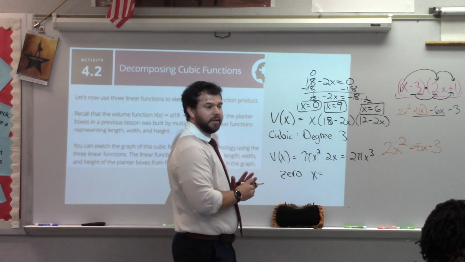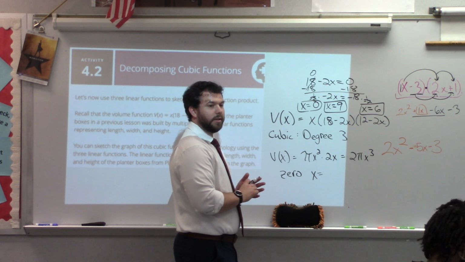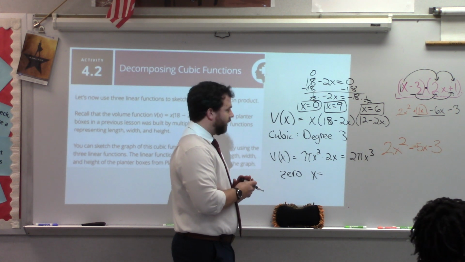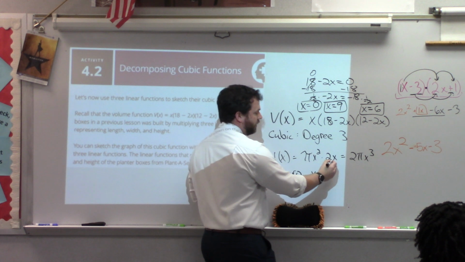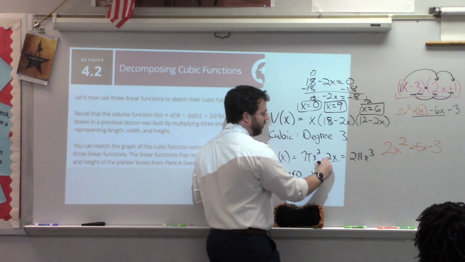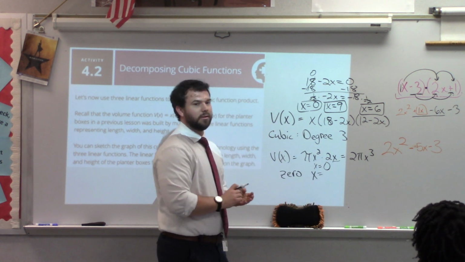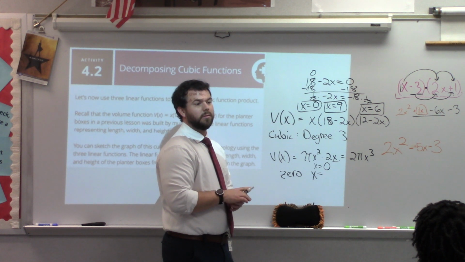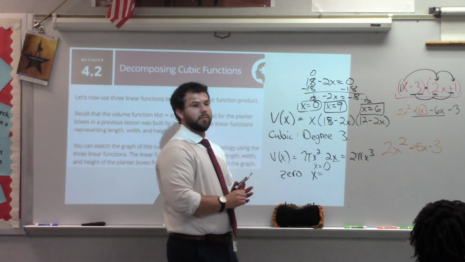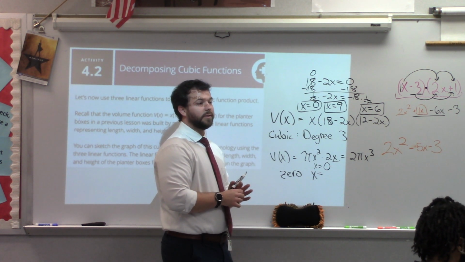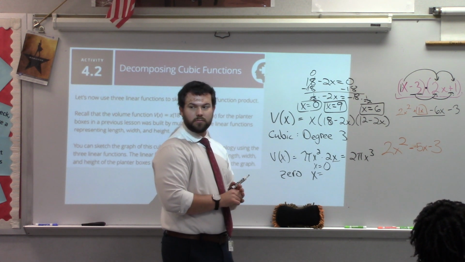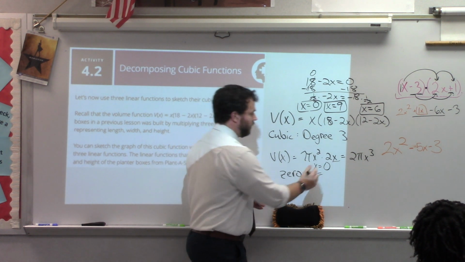Anybody know how we can find this 0? There's a couple ways. Okay, so remember we could set x equal to 0, we could set x cubed equal to 0. So what's the 0? Y'all, it's already done. I don't even have to do any work. What is the 0? 0.